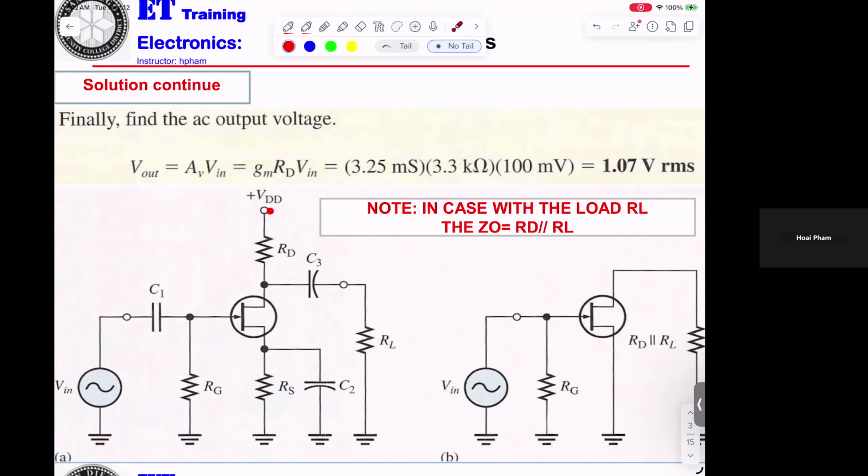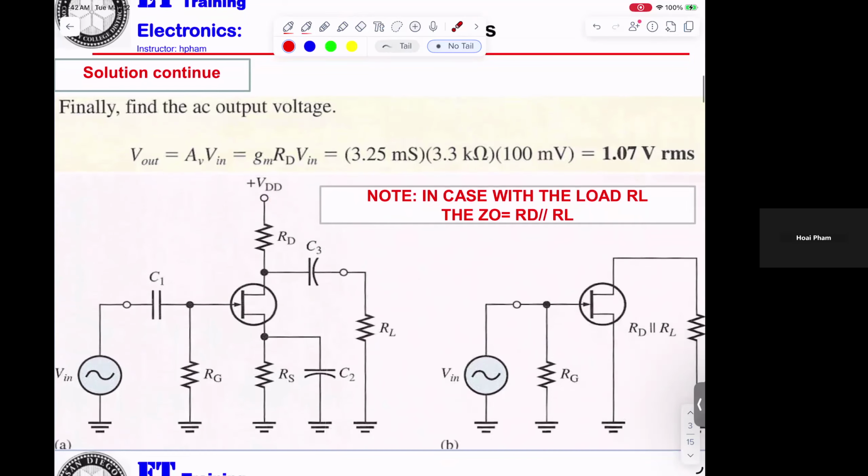That will be ground. Okay? And in here, they bring it up. Okay? If you get the load, okay, so the output impedance of the amplifier will be equal RD parallel RL. Okay?